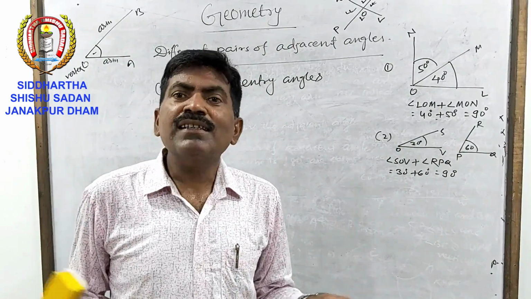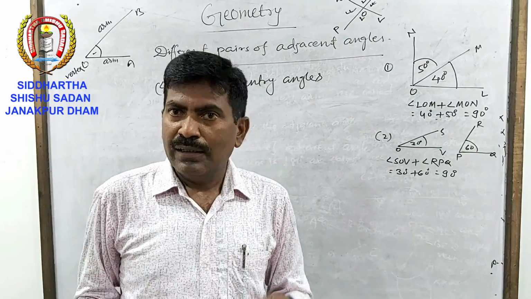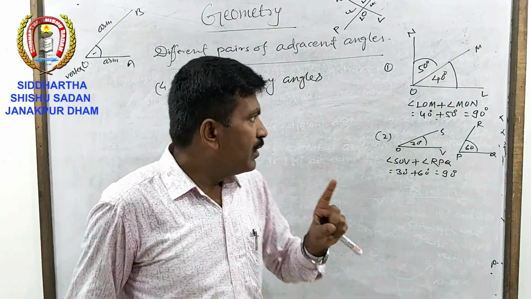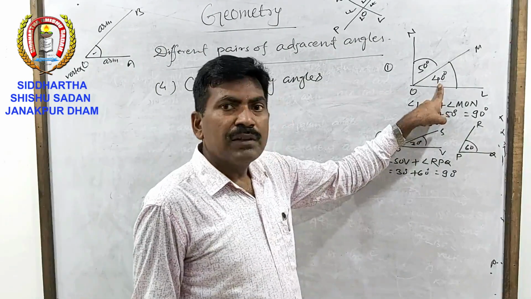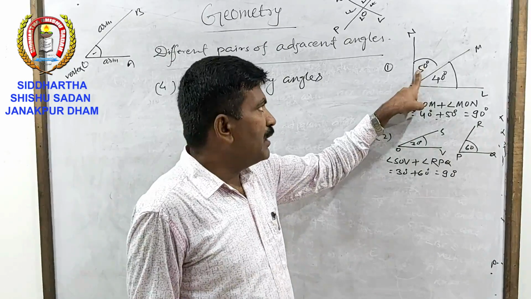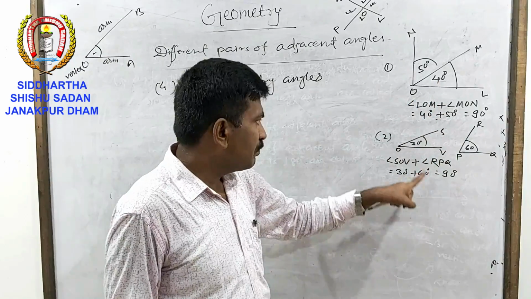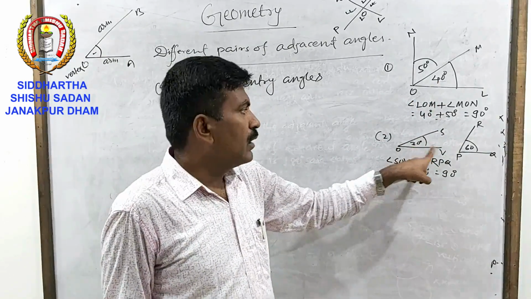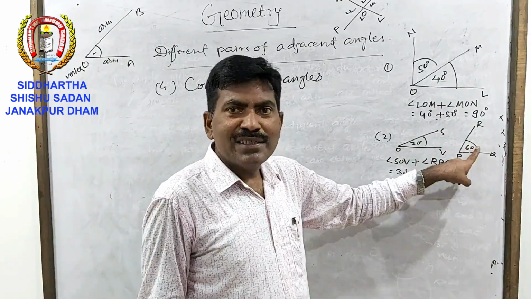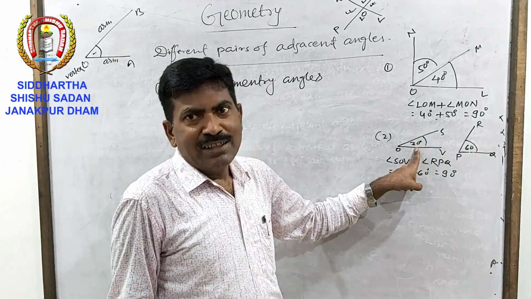Then these two angles are called or known as complementary angles. But remember, note here, 40 degree is called complement of 50 degree and 50 degree is called complement of 40 degree. In the same way, 30 degree is the complement of 60 degree and 60 degree is the complement of 30 degree. Is it clear?